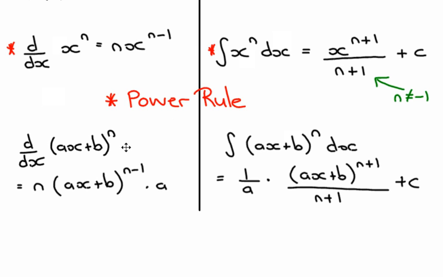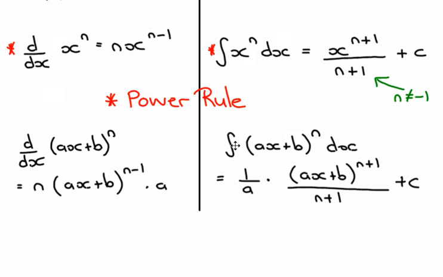Here's an extension of our power rule to a linear function, and again we'll extend it further to functions that aren't linear in future videos. But the derivative of a power where the base is a linear function, we use the chain rule. n comes to the front, we keep the base as the whole function, we subtract 1, then we go inside the brackets and we differentiate that, and because it's linear, the derivative of ax is just a.